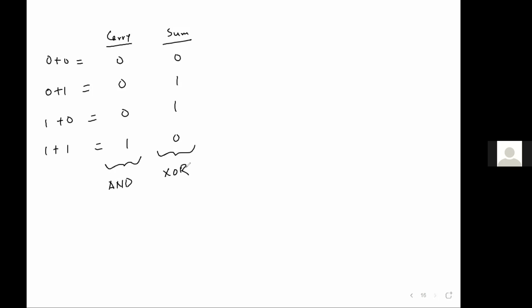So very simple. How can you design this thing? Just add an AND gate and a XOR gate. This is your XOR gate. This is your input, say X and Y. And the output you get is what? Sum or carry? That is sum, sir. Exactly. Sum.